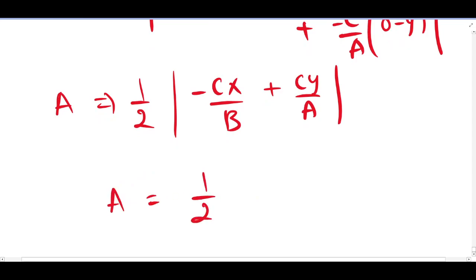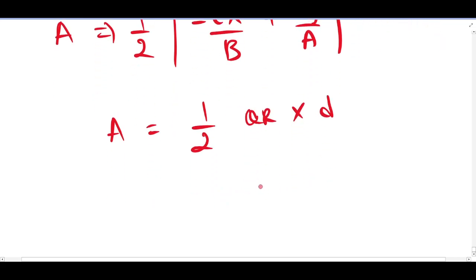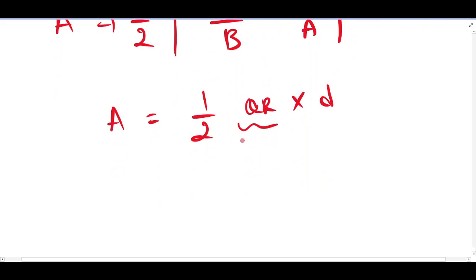We have written the area of triangle as half into base QR into distance. So we now calculate the distance QR by the distance formula.